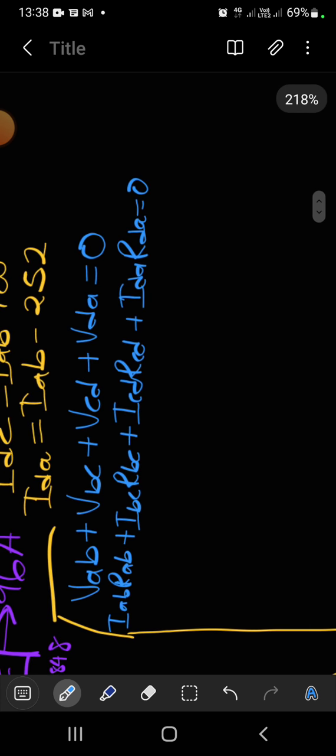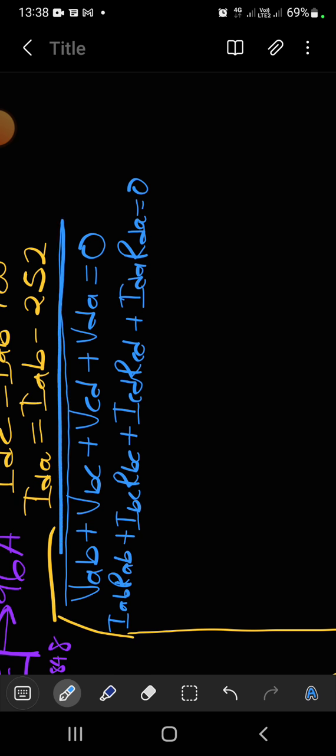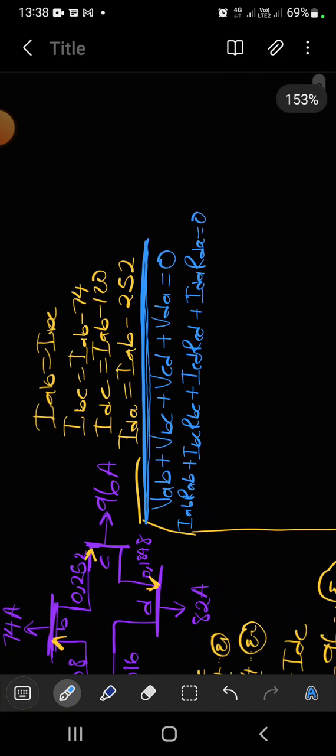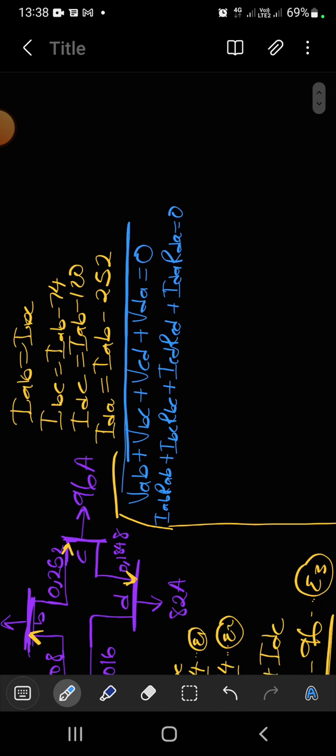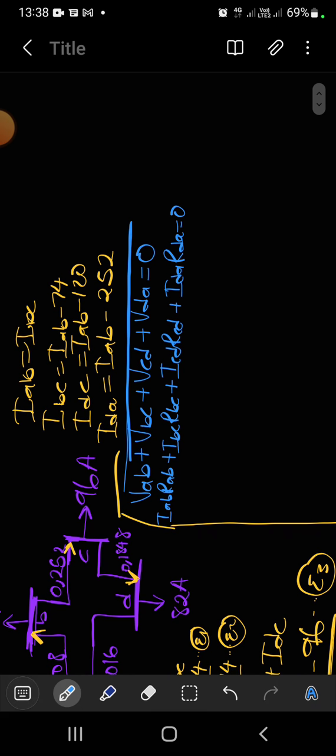You know what I just did here? I didn't do any magic. Cool. So I'm going to now substitute our currents with what we found. Current AB is just IAB, and then IBC is IAB minus 74, and so on. I'm gonna do that.